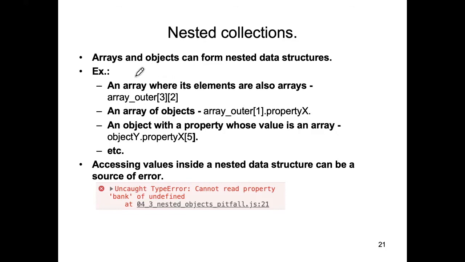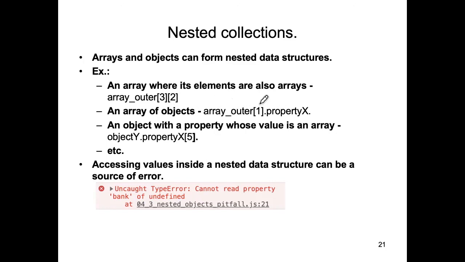So for example, supposing we've got an array where its elements are also arrays, then this kind of syntax here will allow me to access particular values. And this is just a classic two-dimensional array. Or if I've got an array of objects, then an expression like this makes sense. So array outer subscript 1, that expression, as we know, is going to extract the second element in my array.